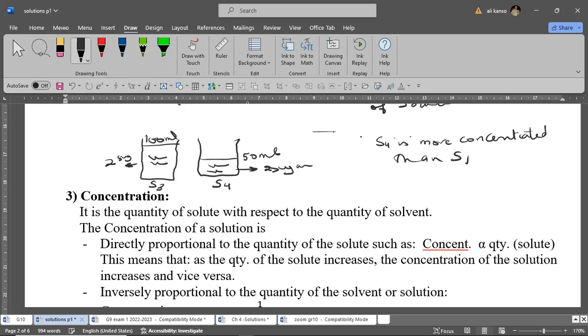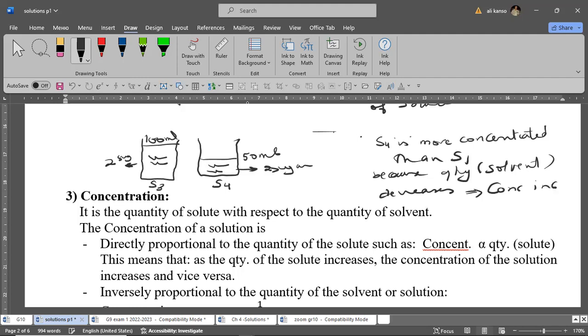Why? Because the quantity of solvent decreases. As the quantity of solvent decreases, the concentration increases.